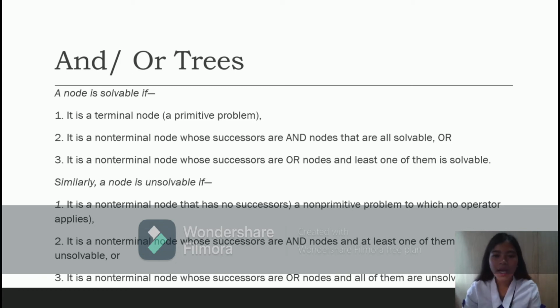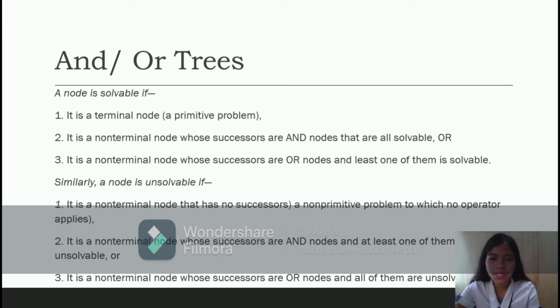It is a non-terminal node whose successors are AND nodes that are all solvable. Or 3. It is a non-terminal node whose successors are OR nodes and at least one of them is solvable.